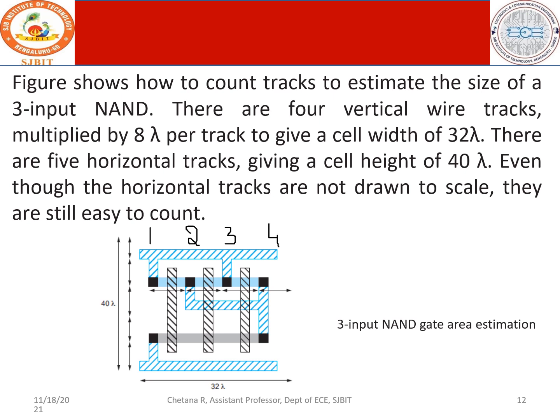So this is 4 into 8 lambda, which is 32 lambda. So the width is 32 lambda. Vertically we found 32 lambda, and horizontally we now need to find out.